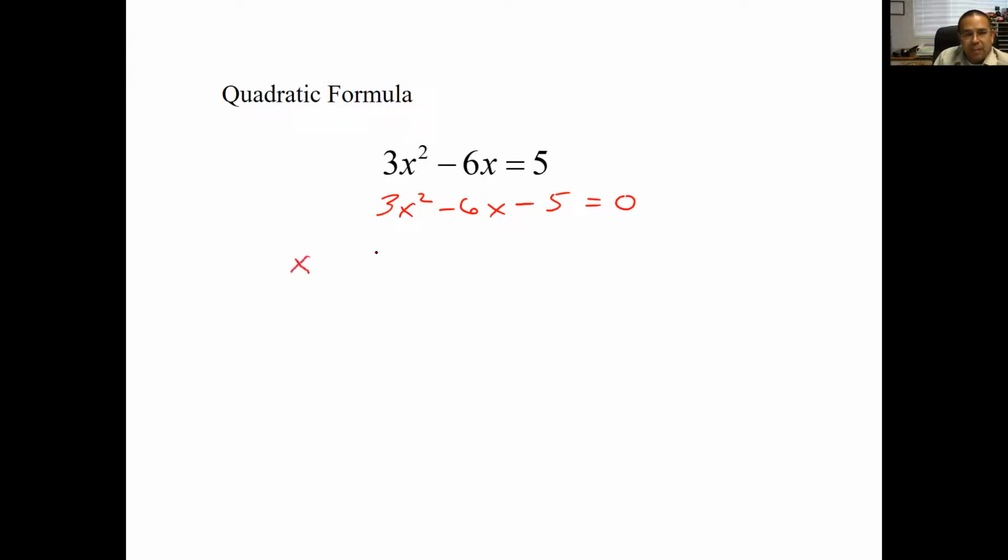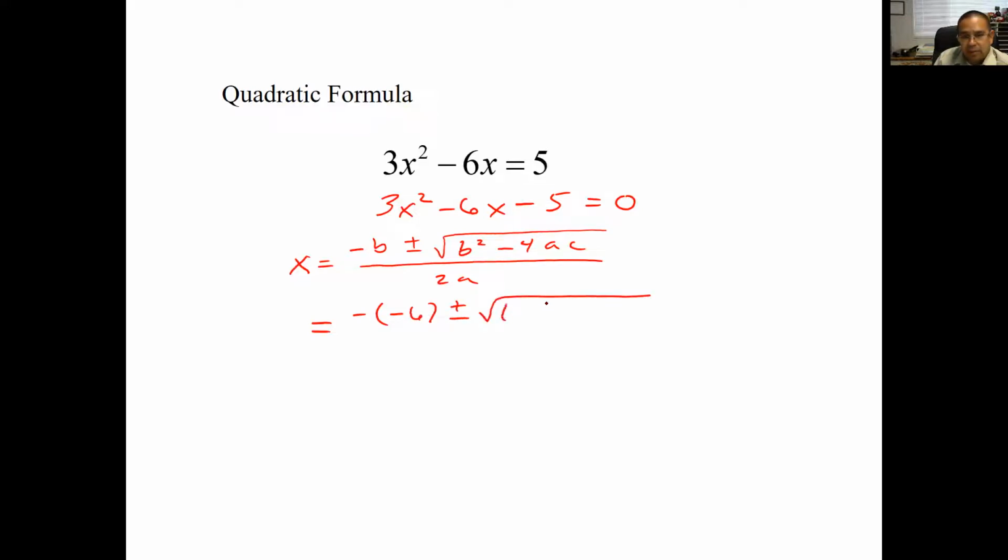And then x equals negative b plus or minus the square root of b squared minus 4ac, over 2a. And these are alphabetical: a, b, c. Then you just substitute and work it out. So this one's kind of boring. Anyone can do this one. This has been known for thousands of years.